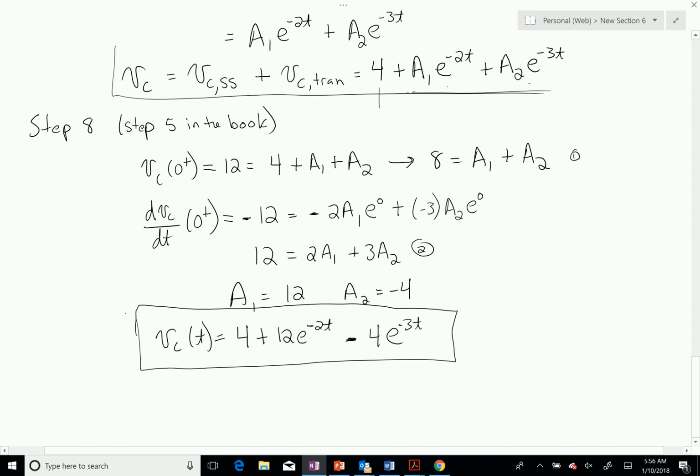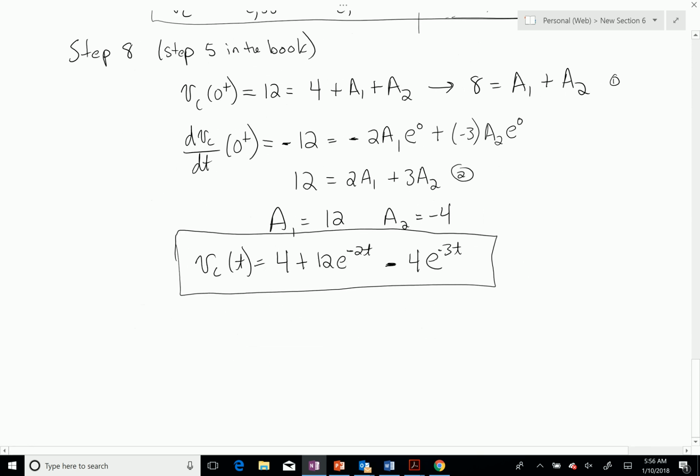If I want to check, as t goes to infinity, each of the two exponentials go to 0. At time t equal to 0, I have 4 plus 12 minus 4, which is going to be equal to 12, right? So it matches my initial conditions.